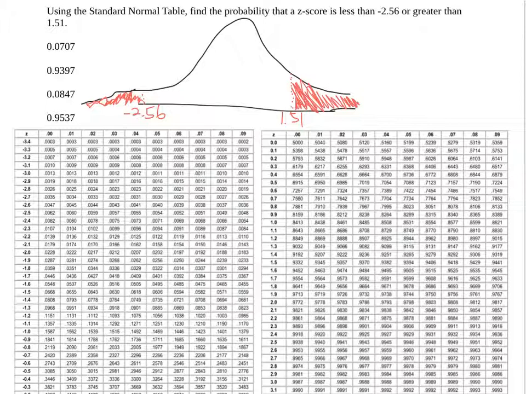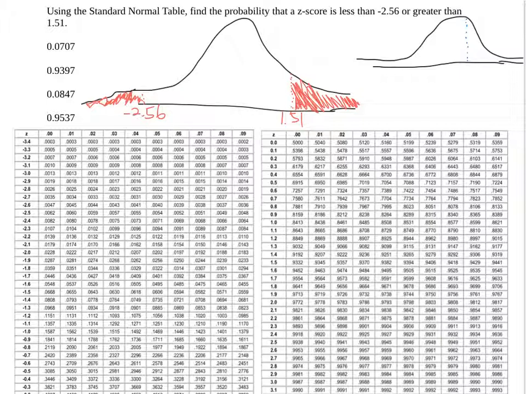So, how do we find this? Well, this table right here, which I've copied and pasted, is the same table you're going to use. And what this table does is, if you imagine the normal curve again, here's the normal curve, not to scale. Say you give it a z-value.